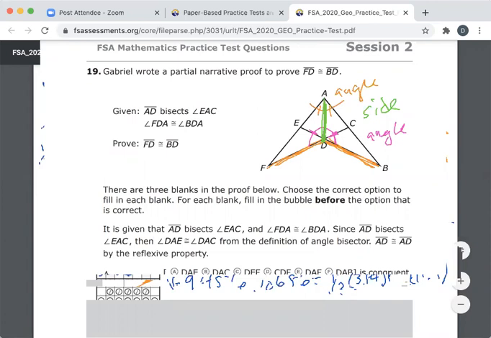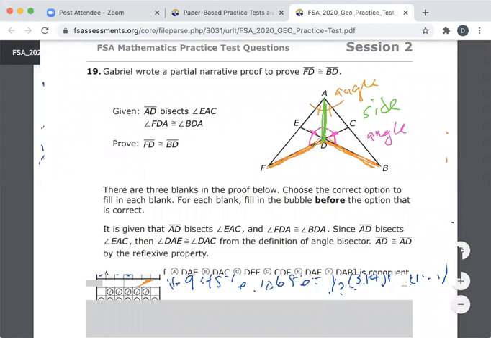So triangle what is congruent to triangle what? Well, let's look at our triangles. And our triangle is going to have to include those orange sides in it because that is what we're trying to prove, right?